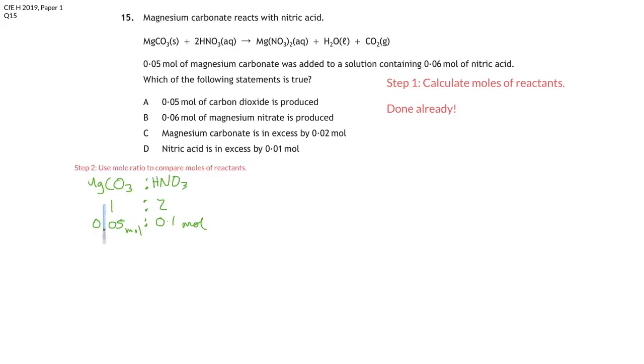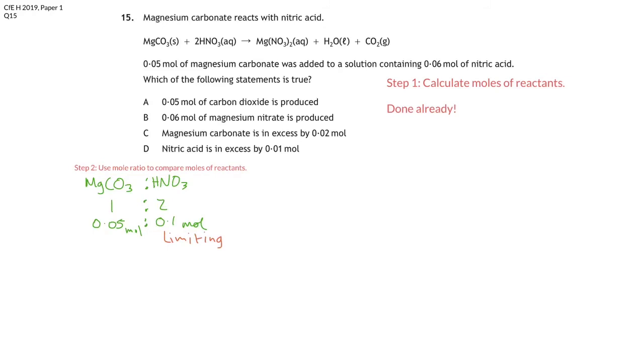The mole ratio given is 1 to 2. So for all the 0.05 moles of magnesium carbonate to react, it needs twice as much nitric acid, which is 0.1 moles. The question says we've only got 0.06 moles, so there's not enough nitric acid for all this to react. So that tells us that the nitric acid is limiting.